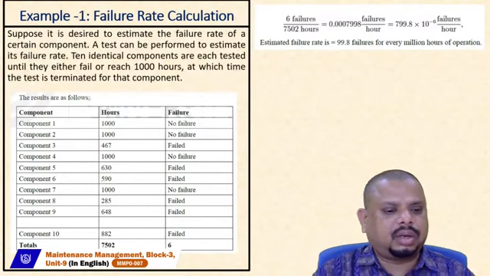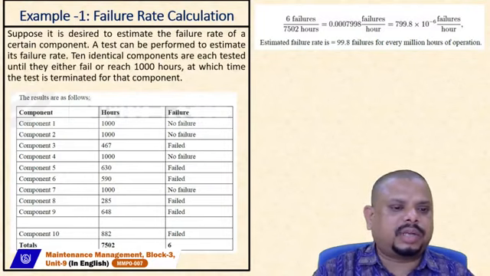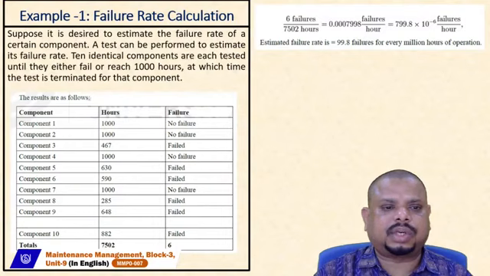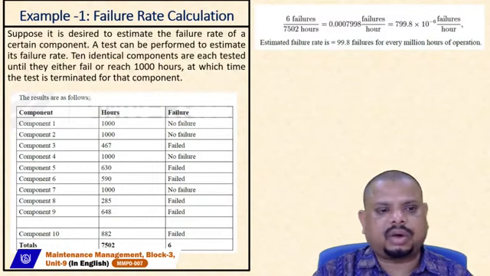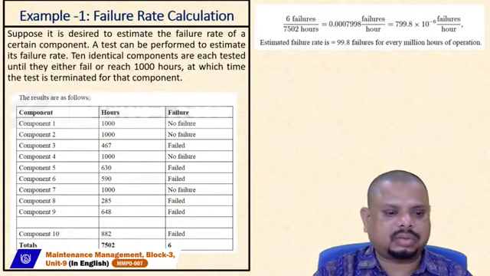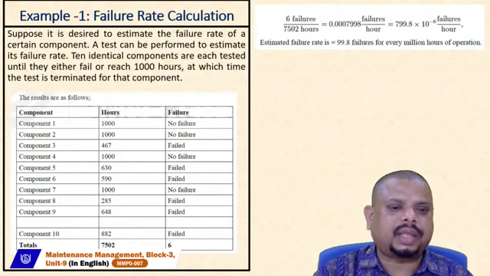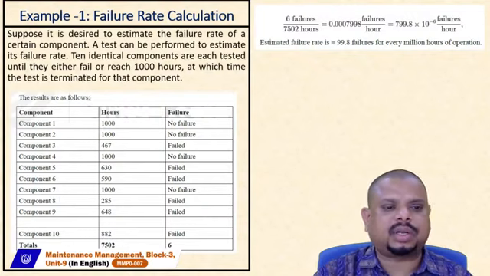Here a total of 10 components are given, along with their failure times, and the failure rate should be calculated. If you go for the result, component 1 ran 1000 hours, no failures.